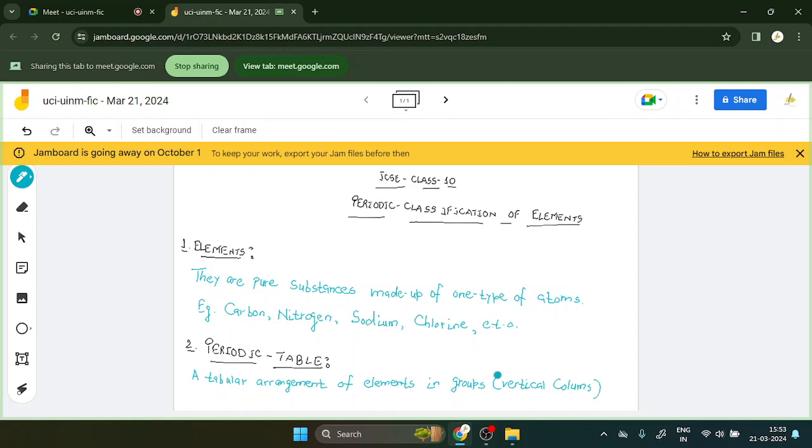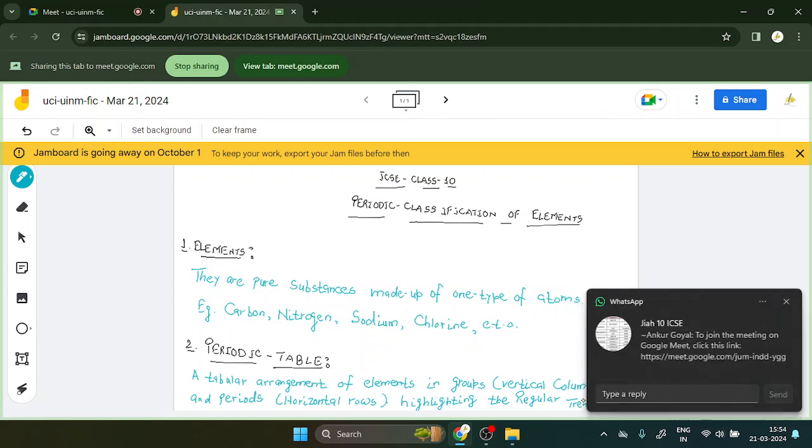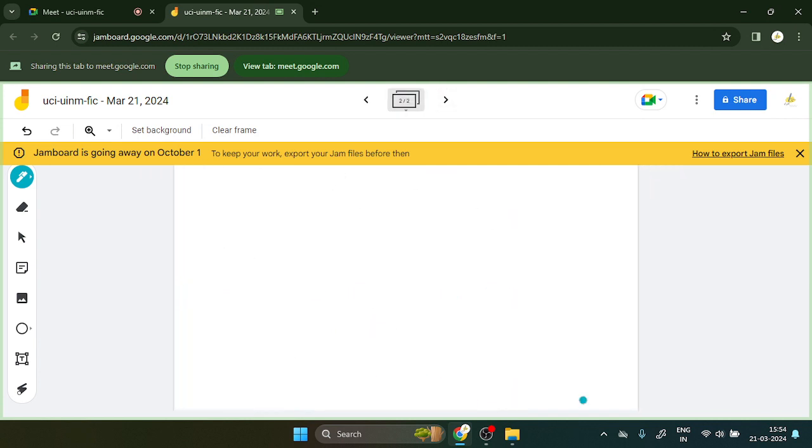So a tabular arrangement of elements in groups, vertical columns, and periods, which are horizontal rows, highlighting the regular trends in properties of elements is called the periodic table. Clear?